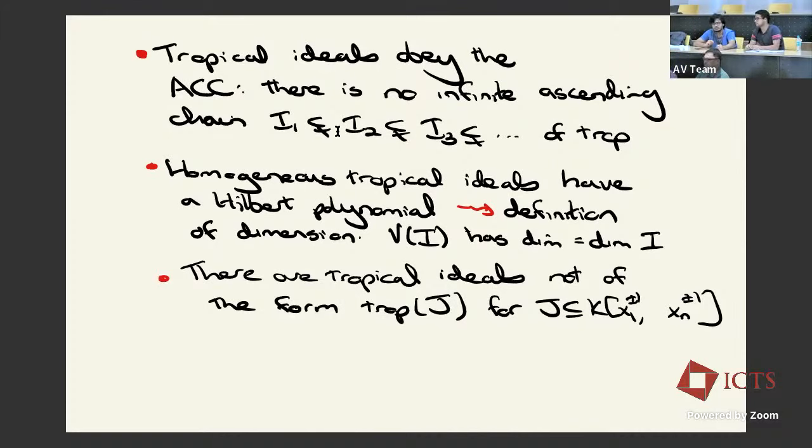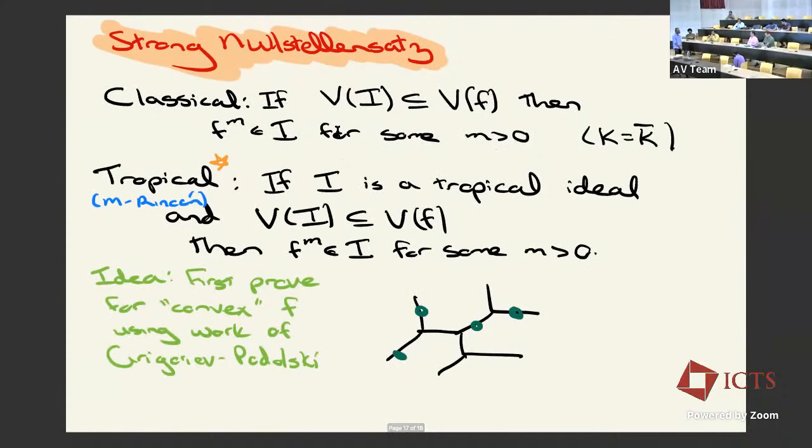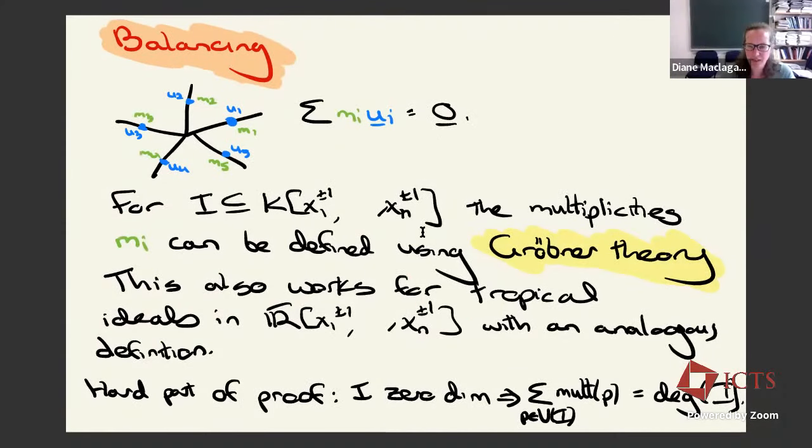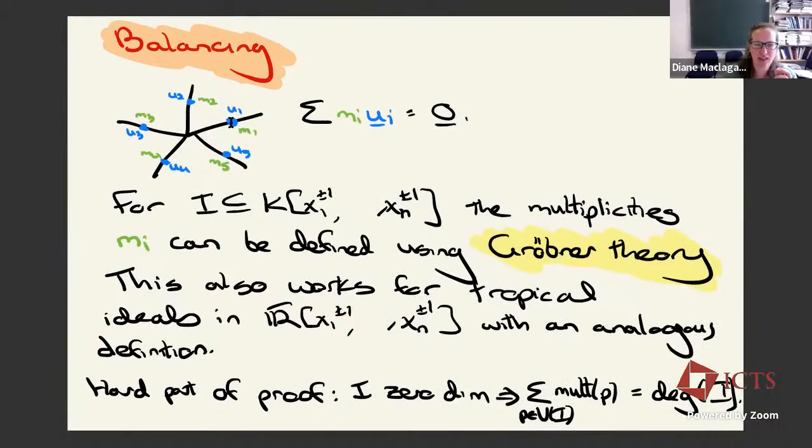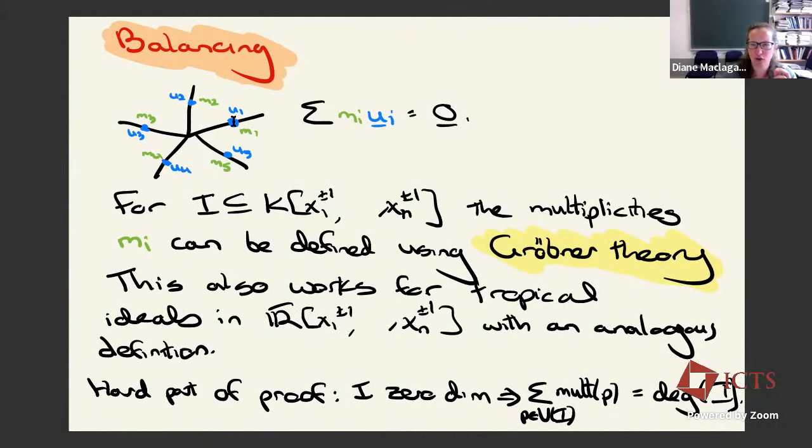Other questions? So I probably missed the initial ideal thing. How do you define multiplicity in terms of initial ideal? Classically, for ideals in usual polynomial rings, I take my vector W in the interior of a face, this U1.